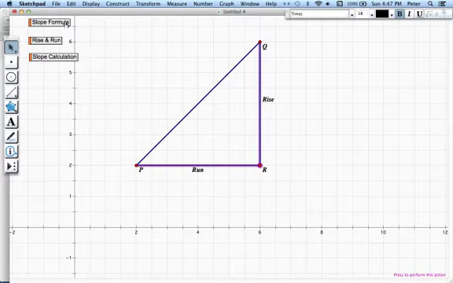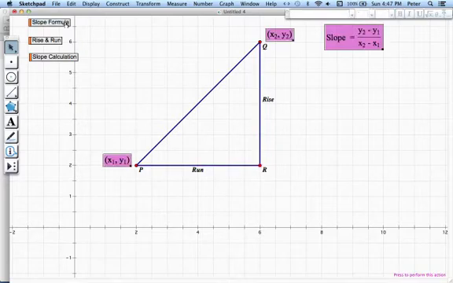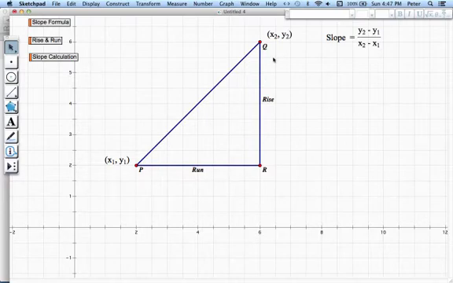And it yields a formula that you've probably been introduced to already called the slope formula. So if I were to generalize the coordinate of Q as x sub 2 and y sub 2, and I generalized the coordinate of P as x sub 1, y sub 1, the calculation of the change in their values would be slope.